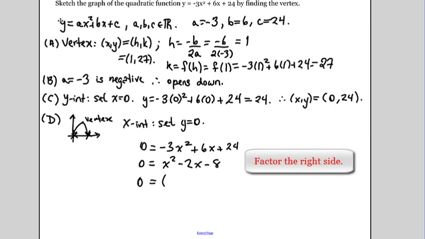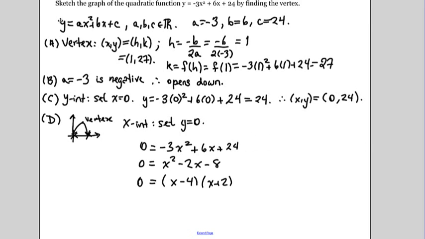This simplified equation factors nicely since the roots are whole numbers. Now, since the product of x minus 4 and x plus 2 equals 0, we can set them both individually to 0. So we obtain x equals 4 and x equals -2.